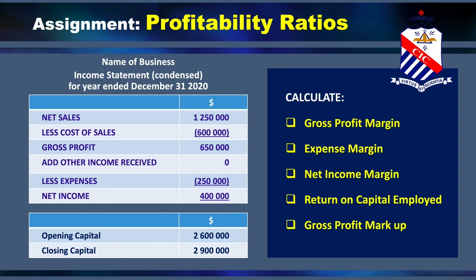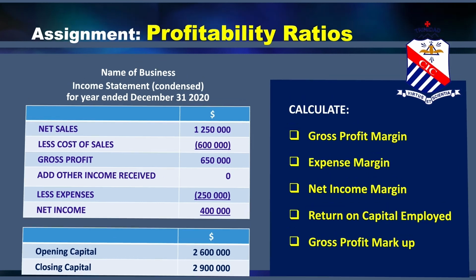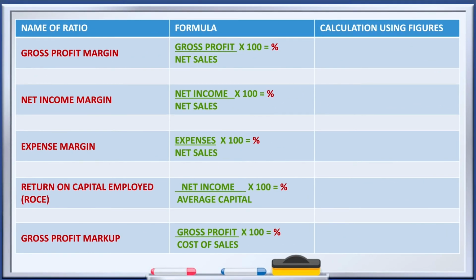You are going to calculate the 5 ratios that we learned today, which are your gross profit margin, expense margin, net income margin, return on capital employed, and your gross profit markup. You can use the formulas, so you can set it out like this, where you have your ratios, your formulas, and then your calculations, and you will get your answers.